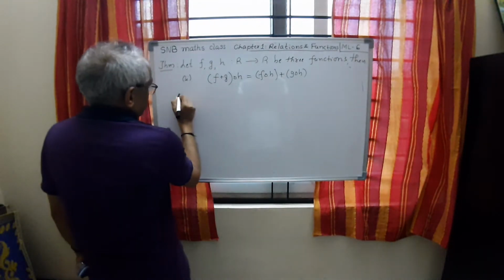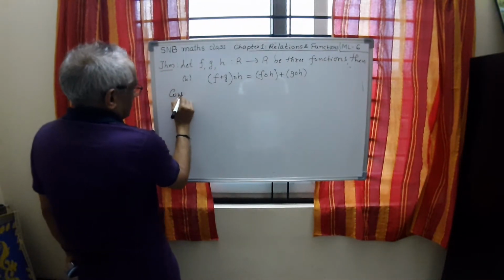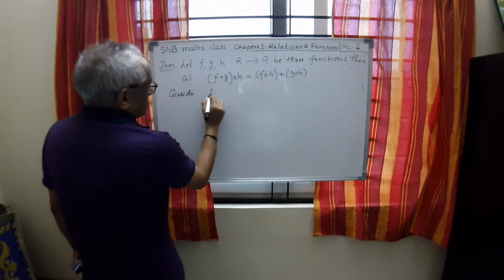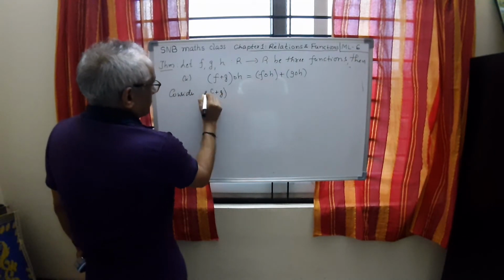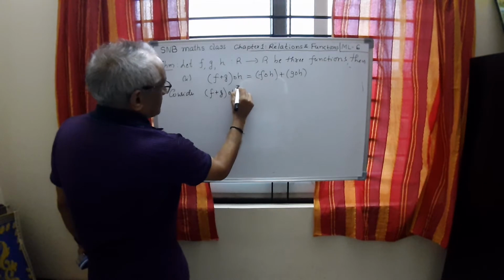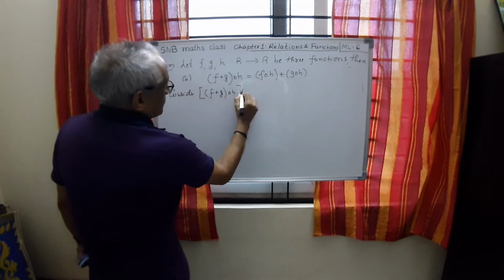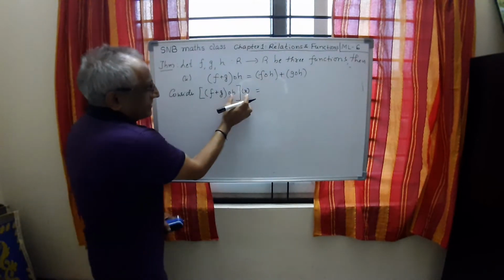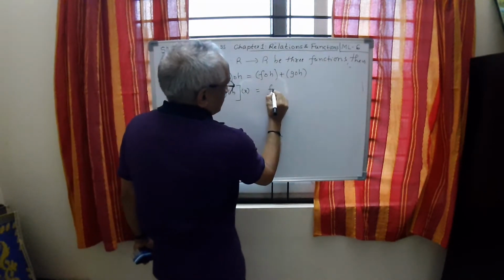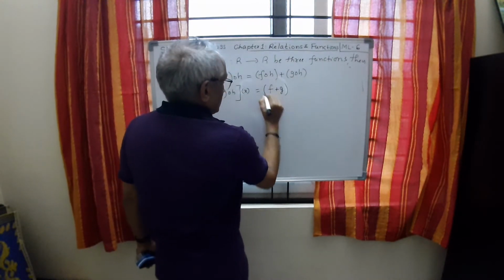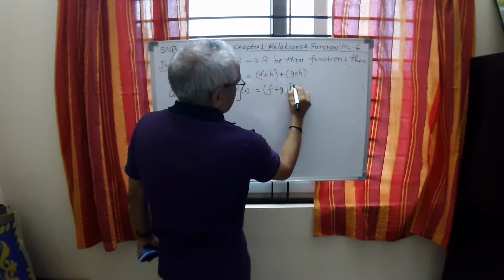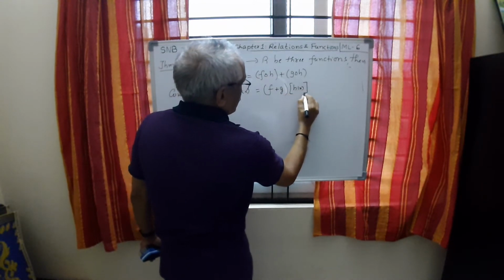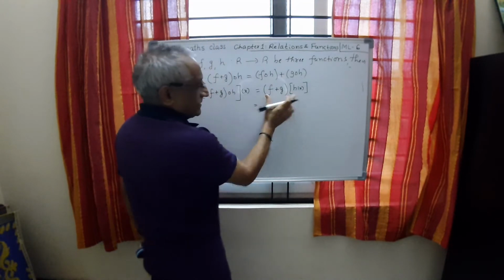Therefore, let us consider f plus g of h of x. This is equal to, by definition, h of x. Therefore, it is f plus g of h of x. But now, how to write this one?